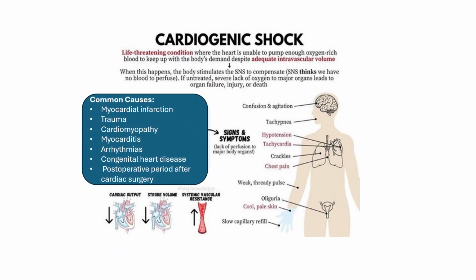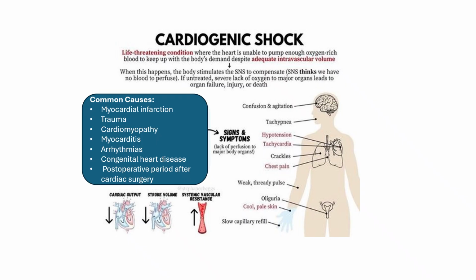We know that cardiogenic shock is going to result in decreased cardiac output despite adequate preload. So we know that cardiogenic shock is going to be caused by things that alter the contractility of the heart, so things that decrease the heart's ability to pump, and things that increase the afterload.